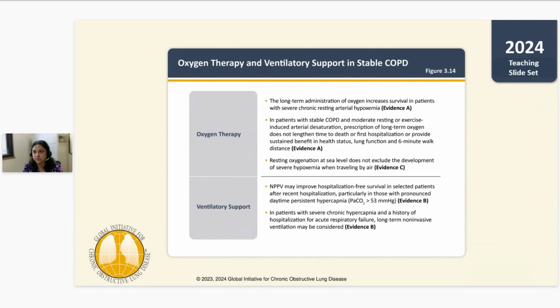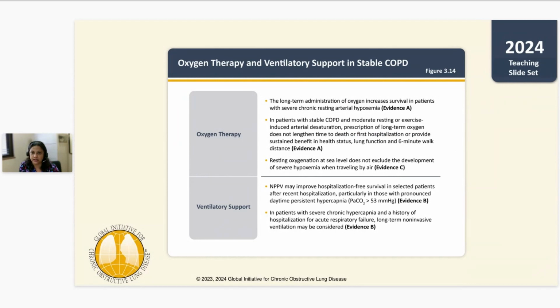But in patients with stable COPD and only moderate resting or exercise induced arterial desaturations, the prescription of long term oxygen does not lengthen time to death or first hospitalization, or provide a sustained benefit in health status, lung function, or 6-minute walk distance. The resting oxygenation at sea level does not exclude the development of severe hypoxemia when traveling by air, which is a consideration.